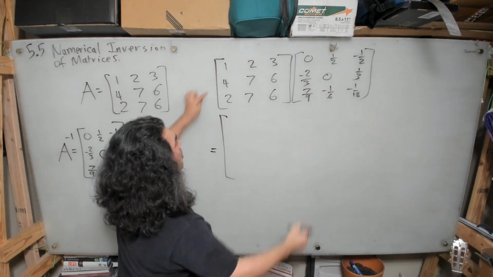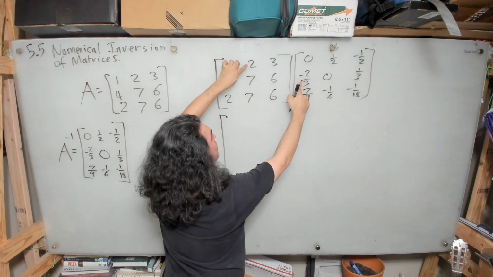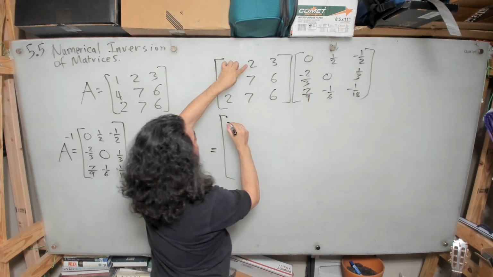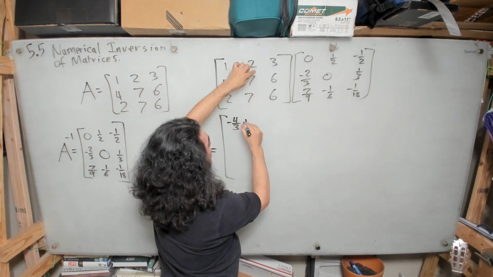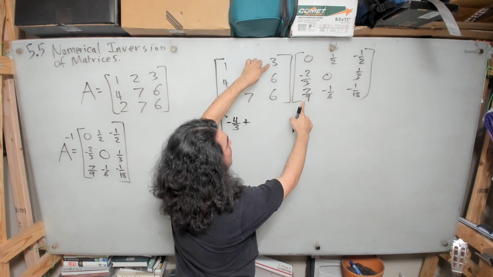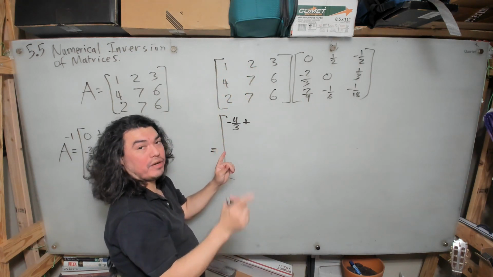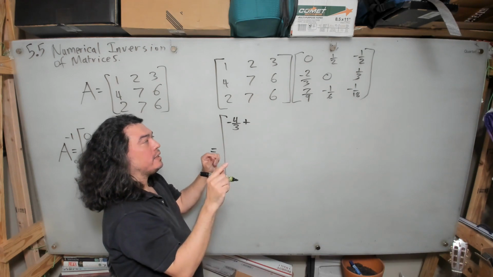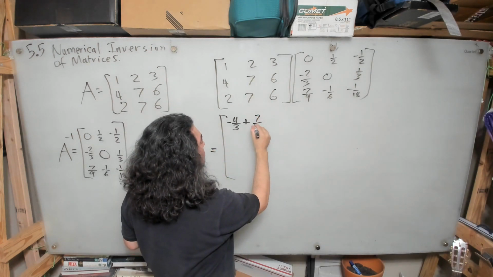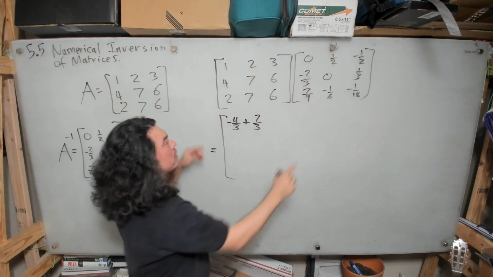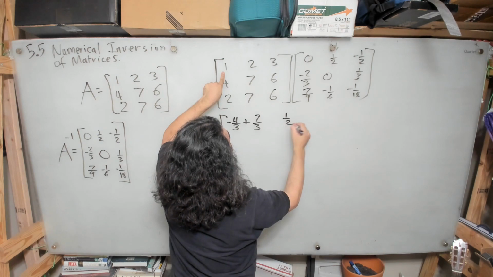Okay. 1 times 0 will give us 0. 2 times negative 2/3 will be negative 4/3. And then it'll be plus 3 times 7/9. That'll be 21/9, or if I divide the top and bottom by 3, 7/3. Okay? Then 1 times 1/2, that'll be 1/2.